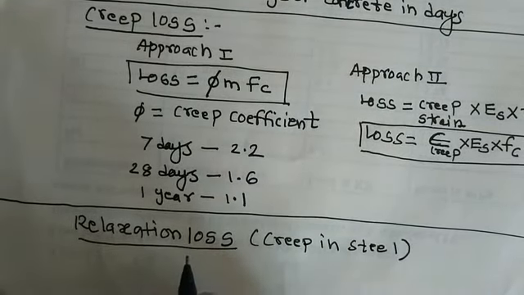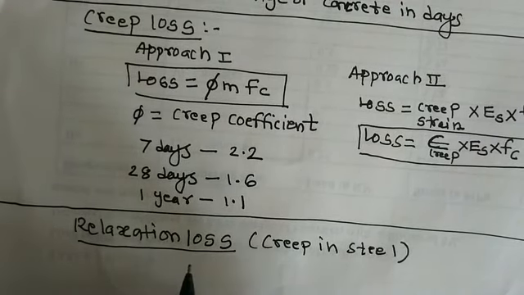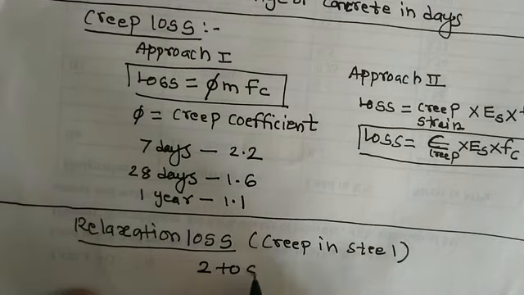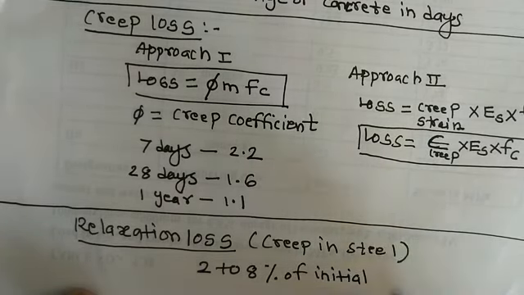Generally, this loss is in between 2 to 8% of initial pre-stress.